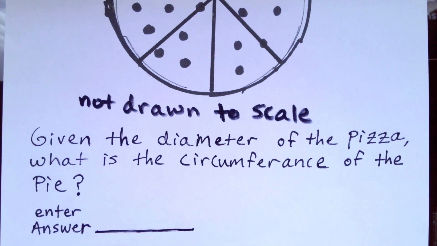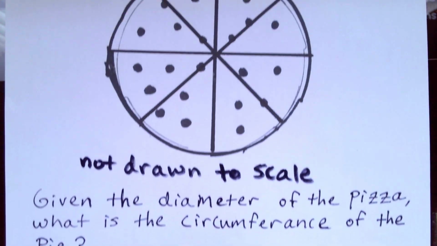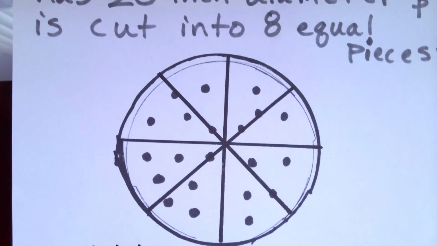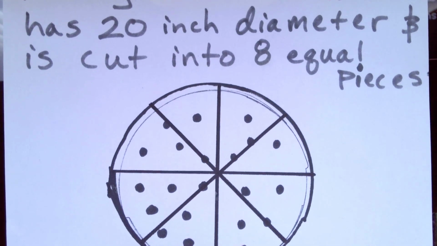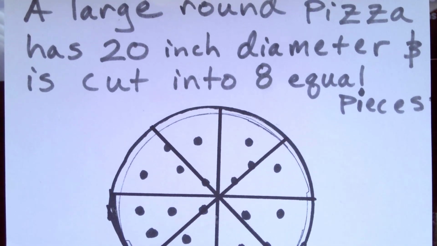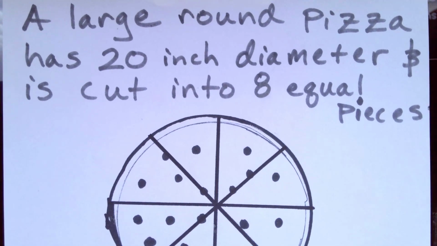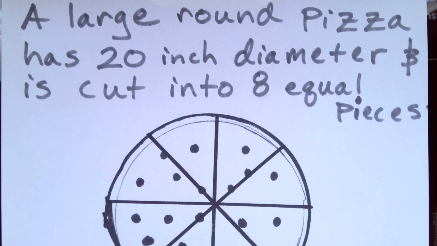So what I'll be doing is using this information in the first part of this video, 20-inch diameter, 8 equal pieces, to explain to you how to use a formula in order to find the circumference of a circle.